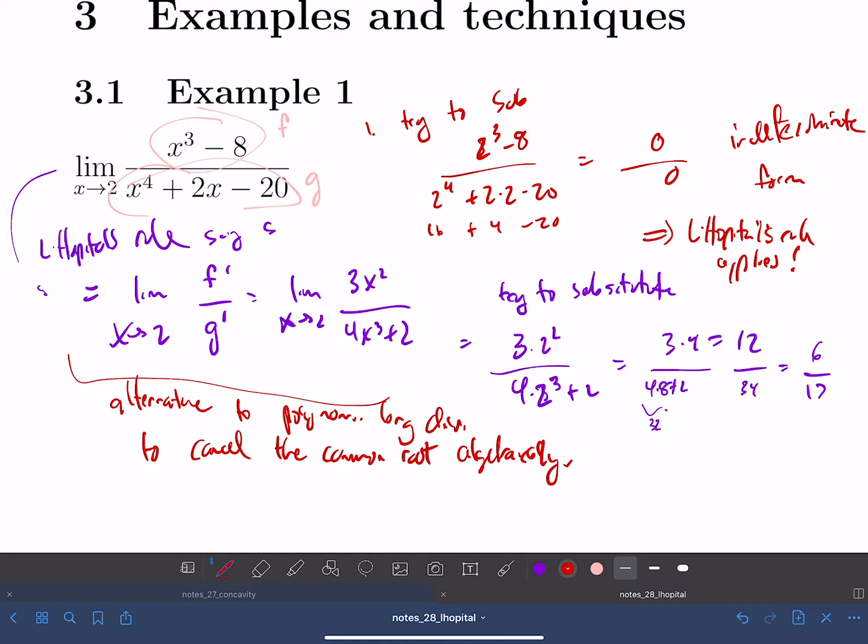And you will get the exact same thing, assuming that I made no arithmetic mistakes as I did this, which is always possible. I'm not perfect. Assuming I made no mistakes, and we would do polynomial long division, the common root would cancel, and you would get 6 over 17 when you tried plugging into the result of that. Huzzah!